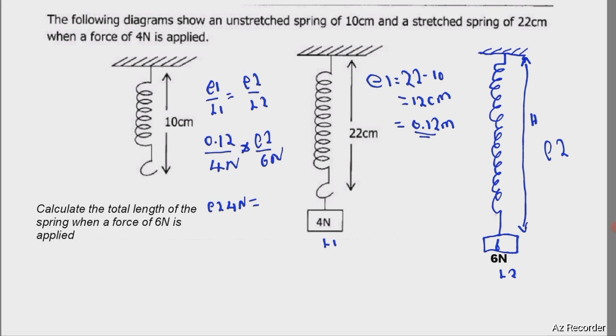So 0.12 multiplied by 6, we get 0.72. This times this, then we divide by 4.